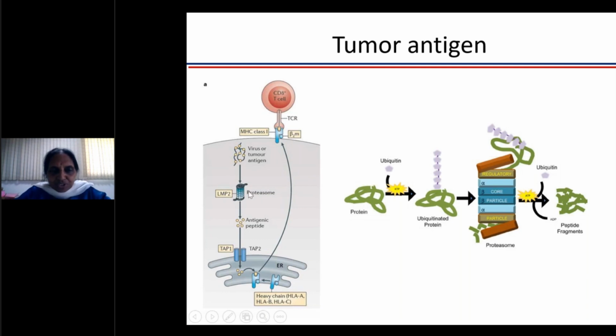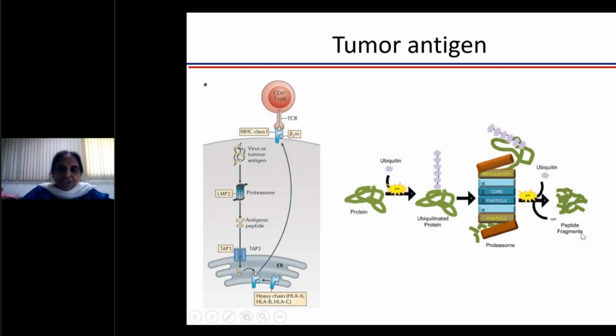So they cannot chop up the cytosolic proteins which are on the outside of the proteasome. Chopping can happen only inside the barrel, and only proteins which are ubiquitinated can be taken inside. That keeps the regulation so that other proteins are not chopped up. And once they come out of it, they come out as chopped proteins, which are peptide fragments.